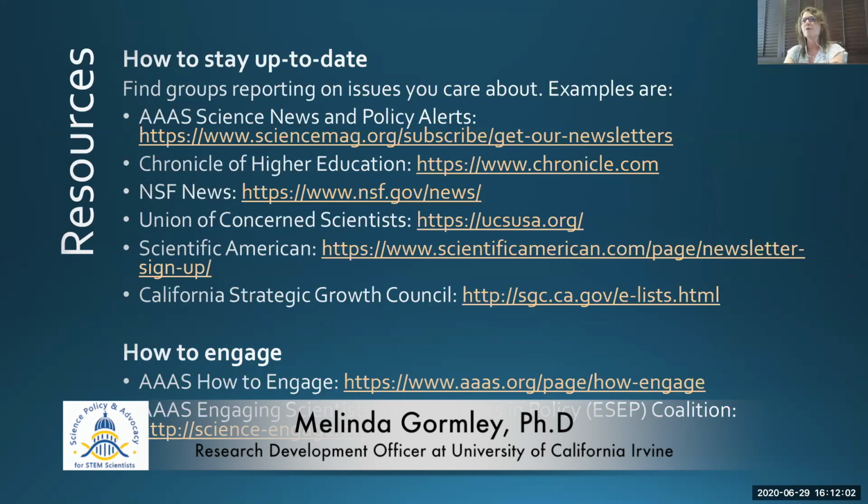If you are on various listservs, reading articles and keeping up with what's going on, that's going to help make you more effective about what the tone is that other people are reporting on the topic, and also what kinds of topics you might want to share. So you can look at some of these different examples. It really depends on what topic you're interested in, who you want to follow, and where you'll find that information.